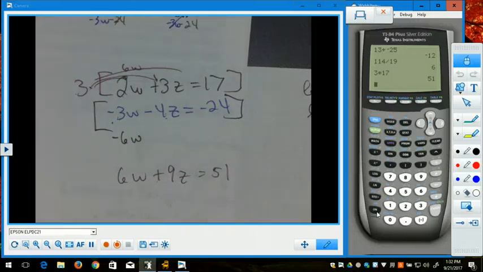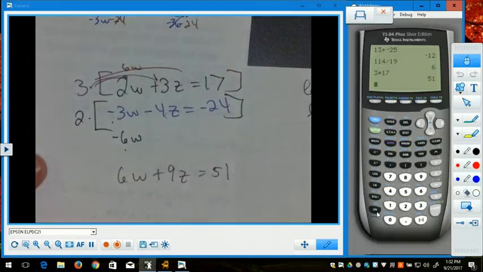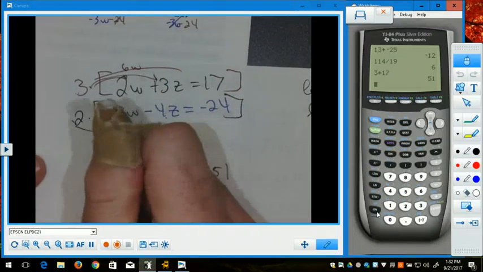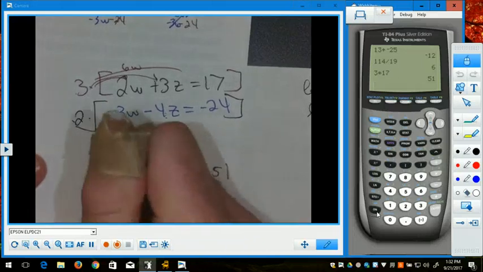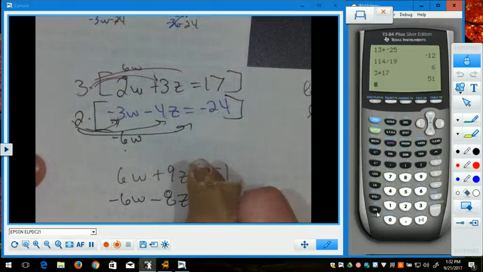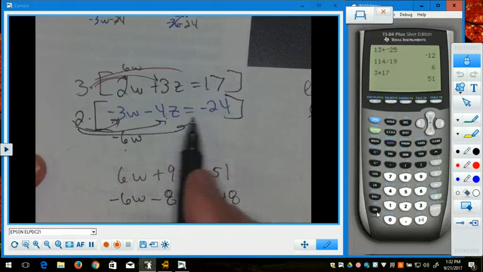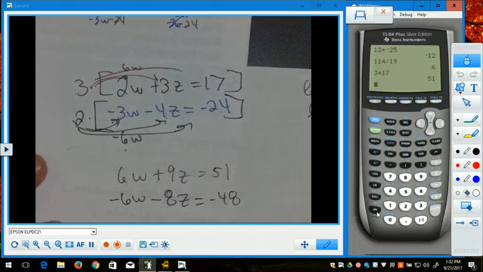On my bottom equation, to get this to be a negative 6w, we already have negative 3. I just have to multiply by 2. So that's going to be negative 6w minus 8z equals negative 48. Because 2 times negative 24 is negative 48.